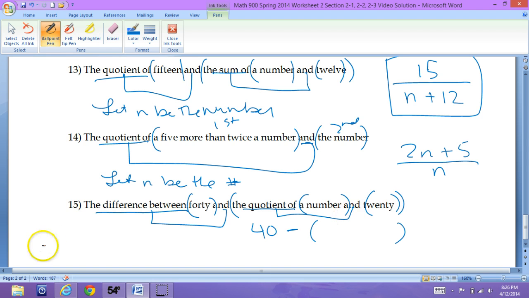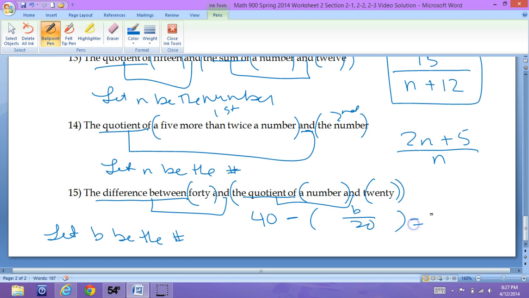The quotient of, let's say, b be the number, and the pound sign for me means number. So now we're going to see the quotient of a number b and 20. And we can simplify this a little bit, or at least bring it closer together. There we go. So the difference between 40 and the quotient of b and 20.